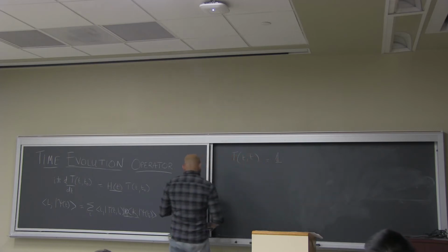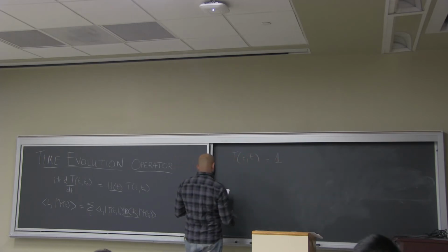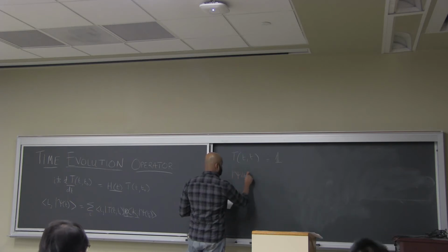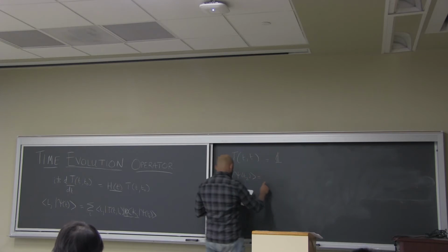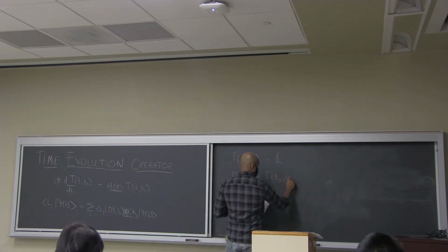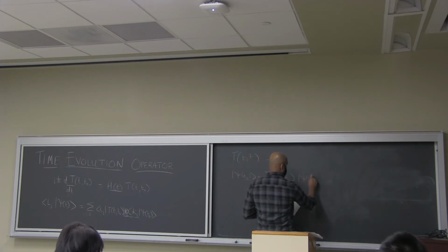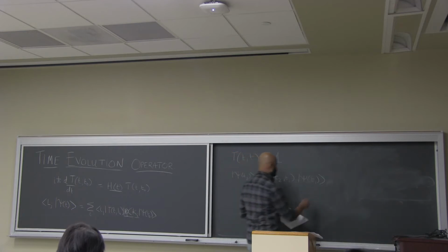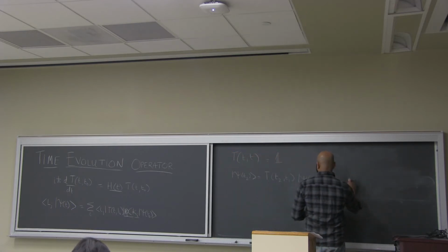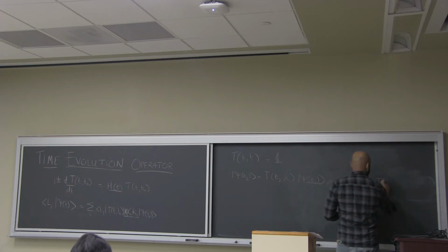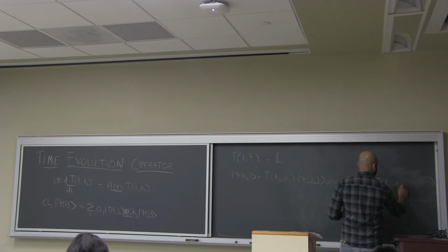And from a composition rule, we know psi at some time t2 must be obtainable from some other time t1 by the time evolution operator from t1 to t2, and psi of t1 itself can then be written as the time evolution operator from t0 to t1 times psi at time t0.